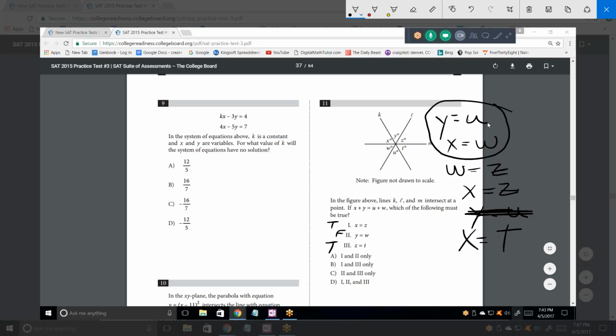No, these were all vertical angles. No, they weren't. The X equals W was based on the fact that X plus Y was equal to U plus W.